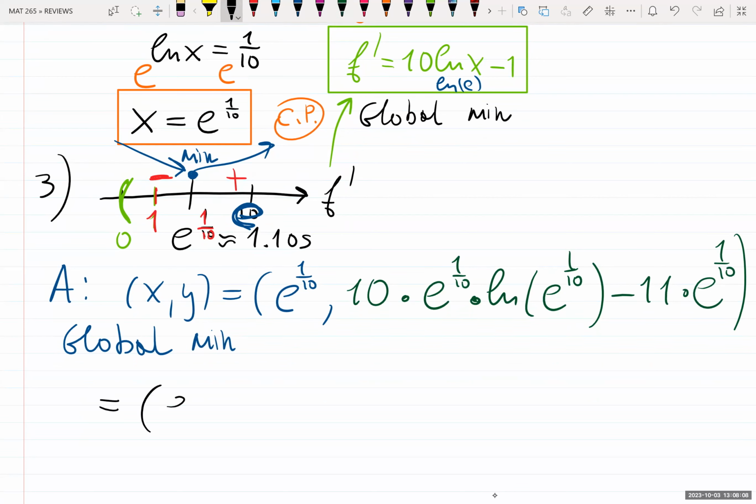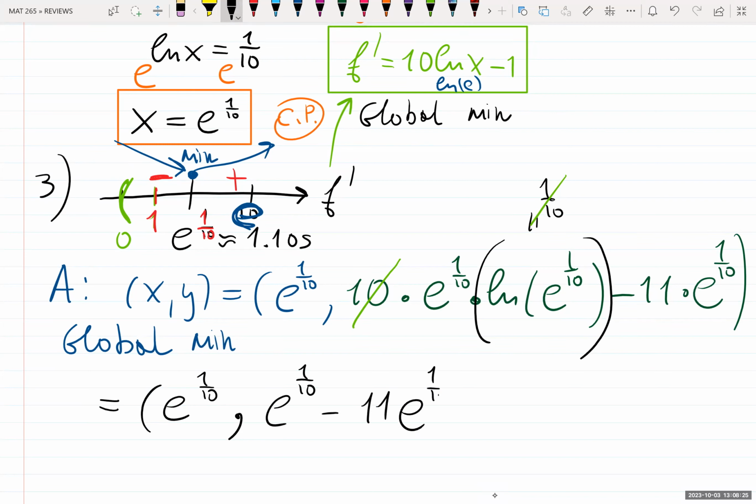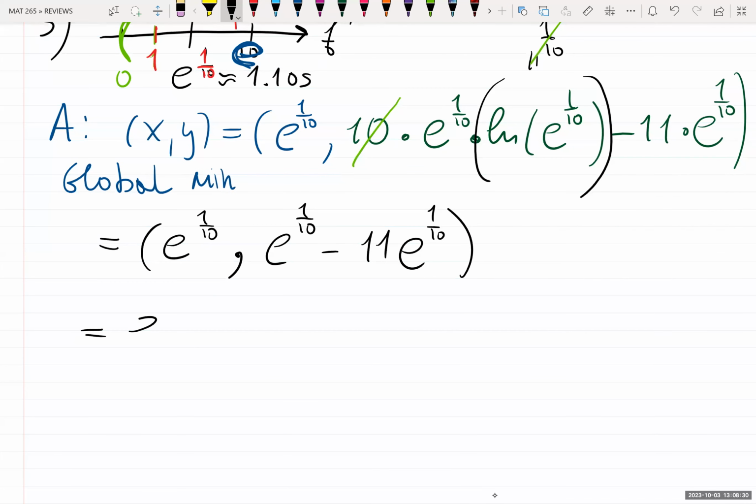Input is e to the 1/10. This guy is 1/10 itself. 10 and 1/10 cancel out, and the answer becomes, comma, e to the 1/10 minus 11 e to the 1/10. But e to the 1/10 minus 11 e to the 1/10 is minus 10 e to the 1/10. Or you factor out and you can see minus 10 e to the 1/10. Whoa, look at that. I can just calculate it.